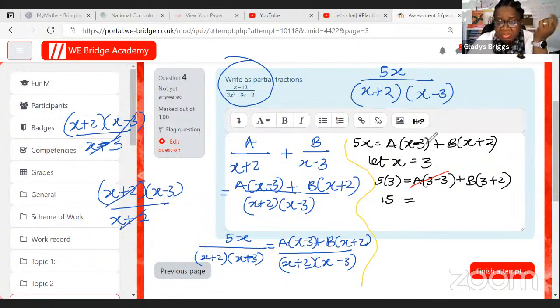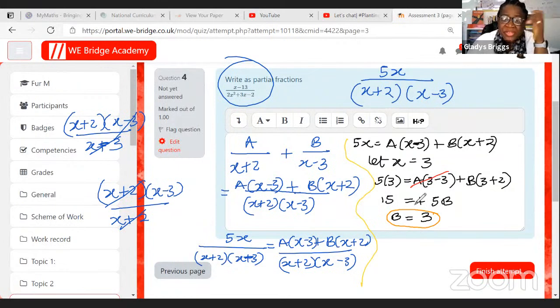A times 0 will be 0, any number times 0 is 0, plus 5B. Then B would be equal to 15 divided by 5, which is equal to 3. So you got the first one, B is equal to 3.